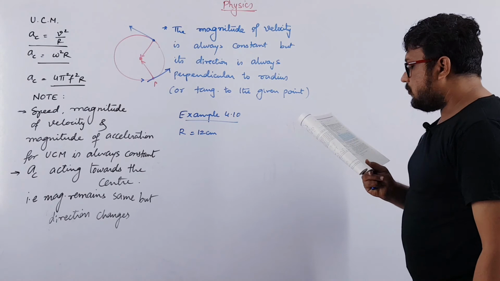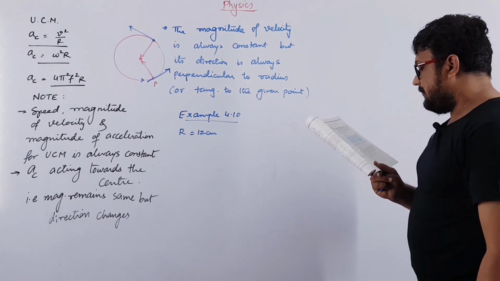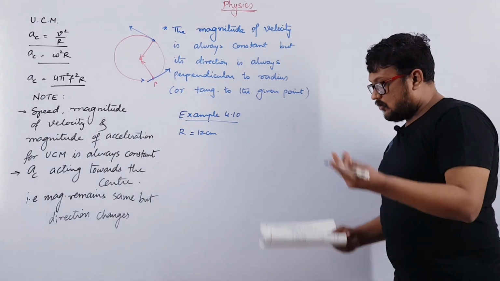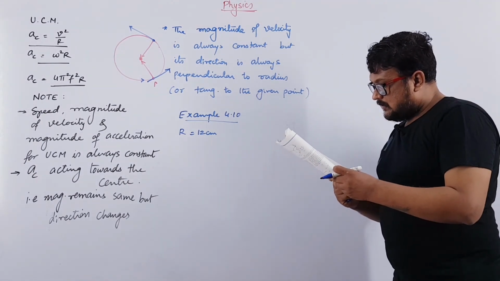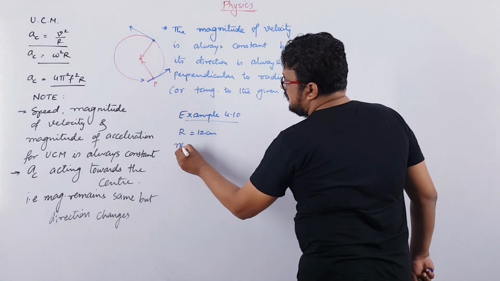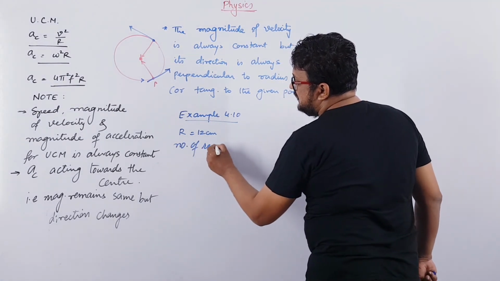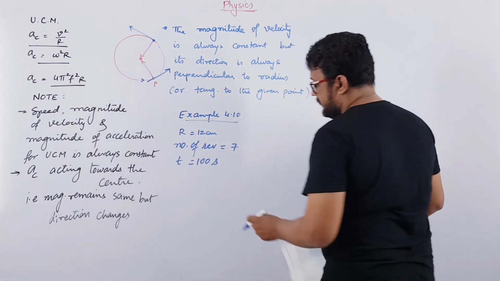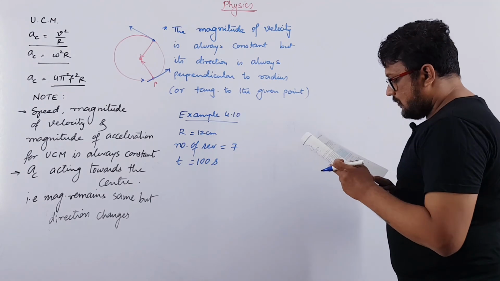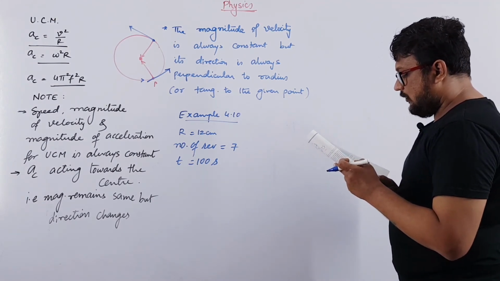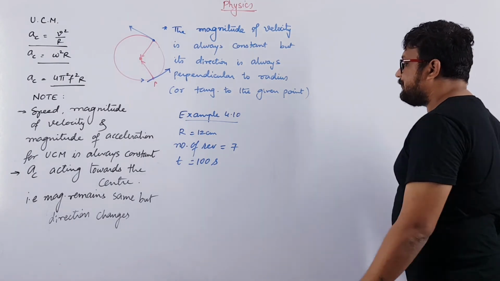It is moving along that groove constantly, and the number of revolutions is 7 and time taken is 100 seconds. What is the angular speed and linear speed of the motion? We have to find angular speed and linear speed.